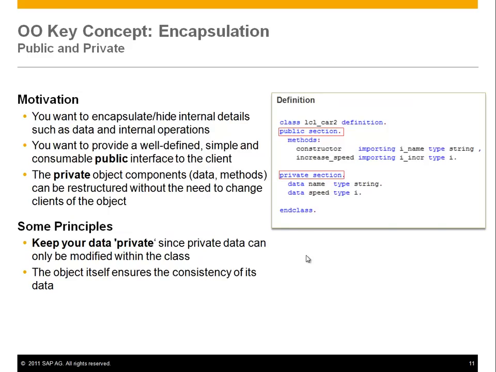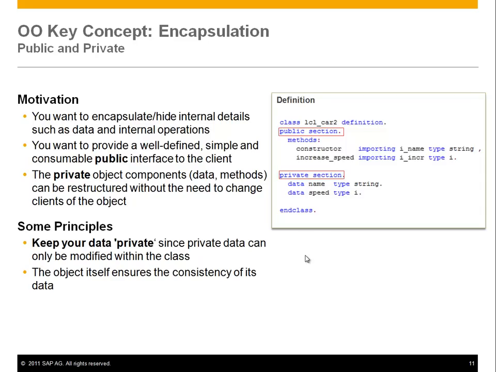One other key concept of objects is really encapsulation and the distinction between public and private. I alluded to it before that in this car example, we have a public section and a private section. The public section is where you define methods, and the private section is where you can define things that are not supposed to be seen by the client.